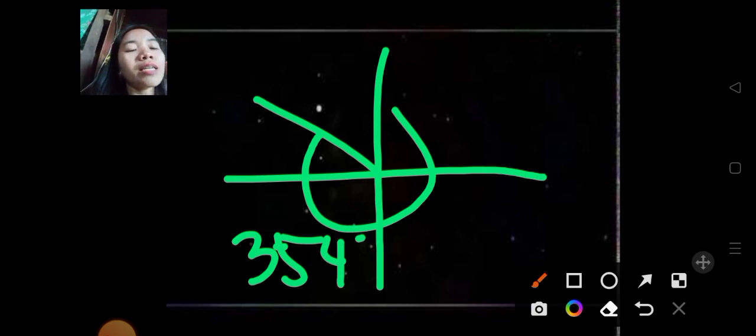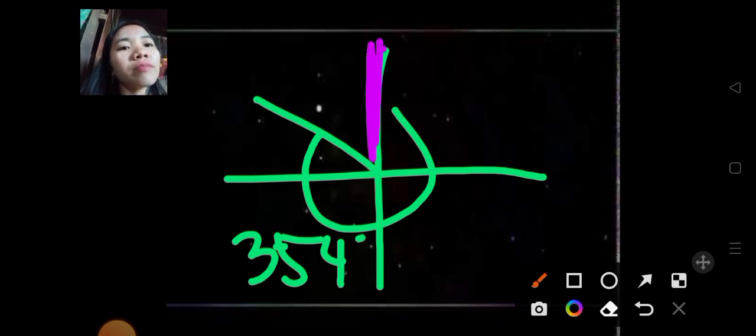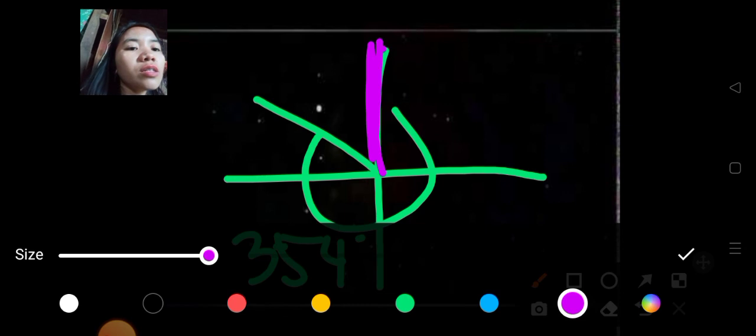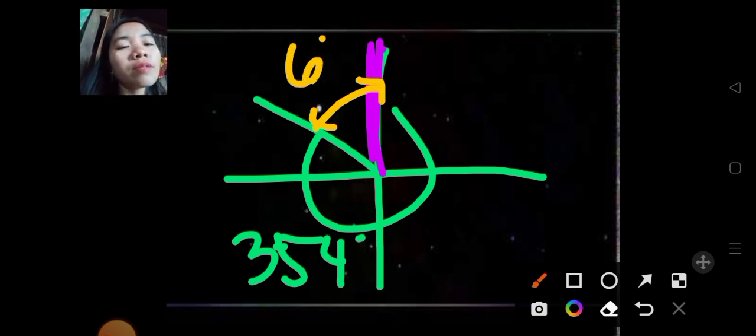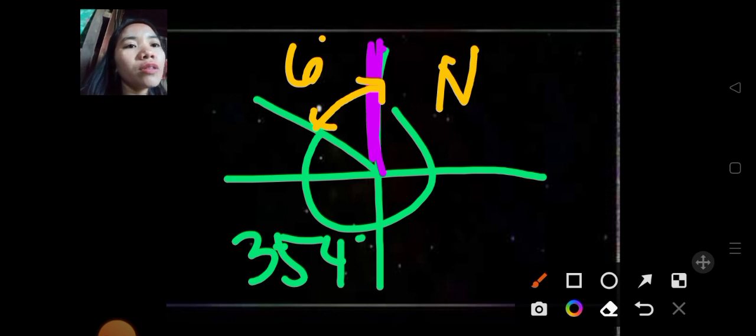So the formula is 360 degrees minus 354. 360 is here. The result is 6, which is from north to west, 6 degrees. So it will be north 6 degrees west.